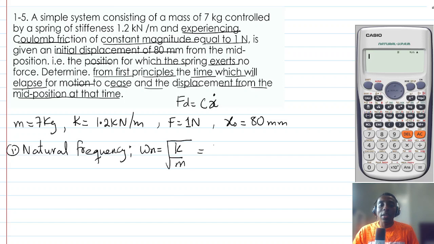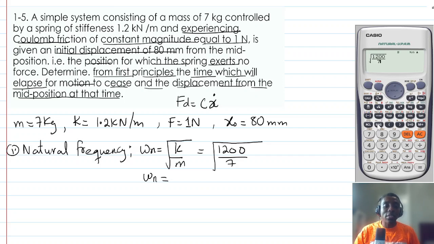It's the square root of 1200 divided by 7, which gives us 13.09 radian per second.